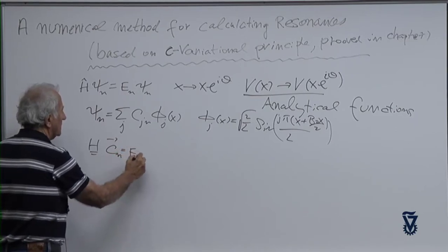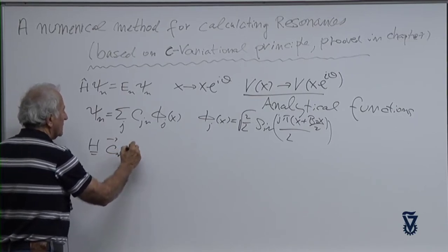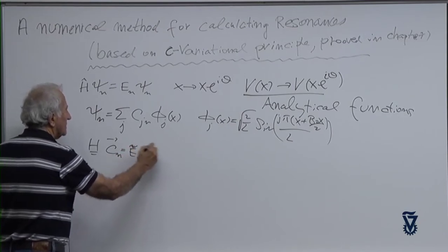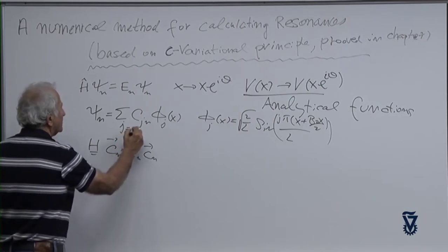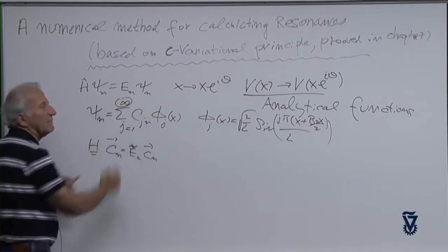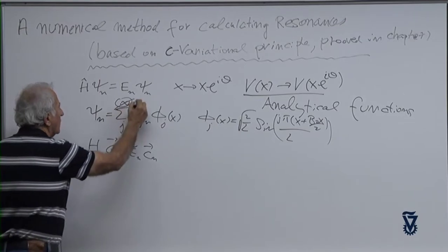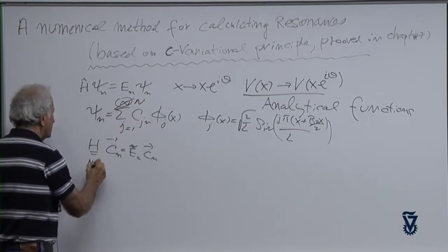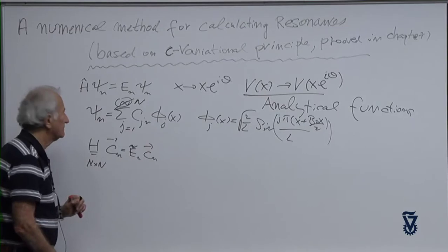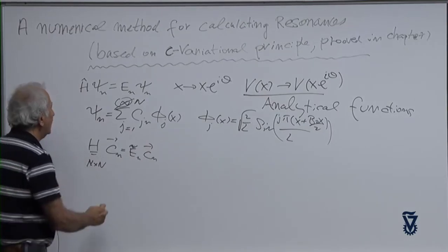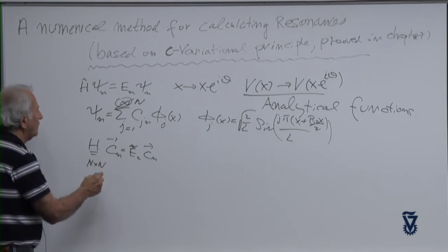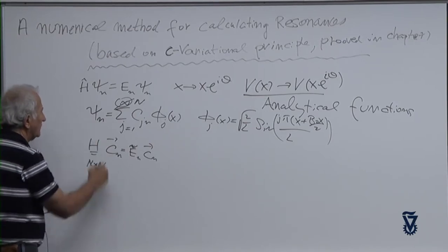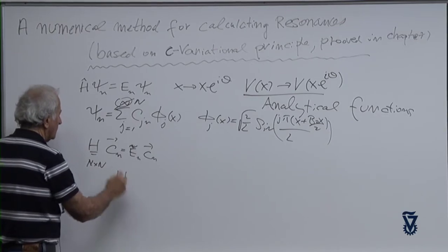We put it approximately like this because when we make this expansion, we need to use an infinite number of basis functions, but now we take only N, and so this matrix is N by N. And the Hamiltonian matrix elements are, of course, the Hermitian matrix elements H_{j'j}.